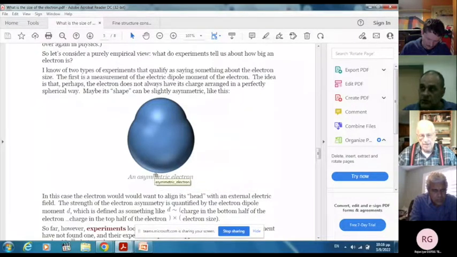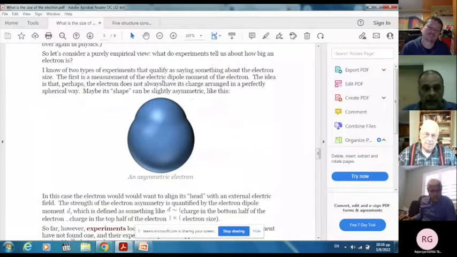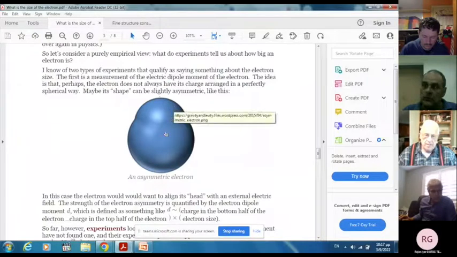But that's also the fine point I have to make: they don't measure the overall sphericity of the charge, but only on the spin axis. So if, say, here is the north pole of the electron, and it has a hump, it must have an electric dipole moment, because of the anisotropy.